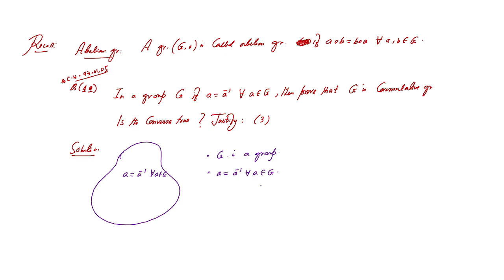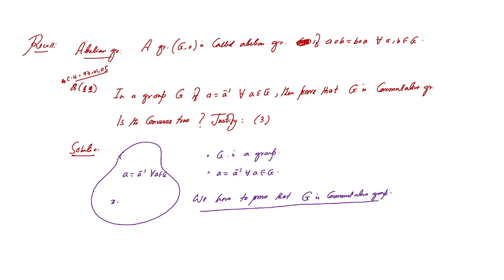Then we need to show G is a commutative group. Group is already there, so we just check the commutativity property, and from that we can show it is a commutative group.